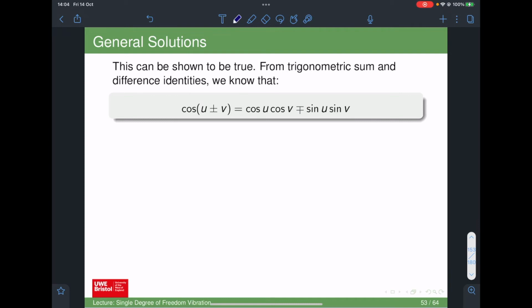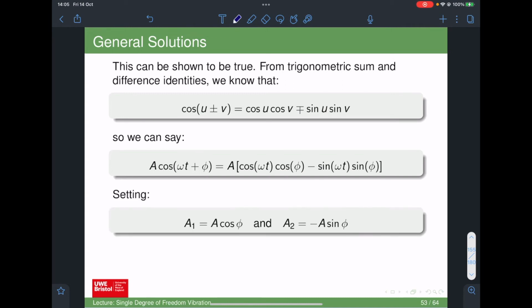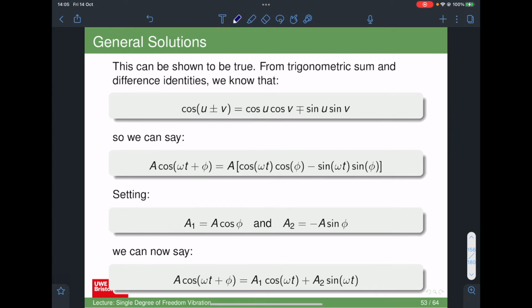If you go through the motions of all the algebra, you start applying this identity to this equation. So we've got A times cosine of omega t times cosine of phi, minus sine. What you can do is say that A times cosine of phi is A1, and A times sine of phi is A2, and then you can split that up into those two equations.